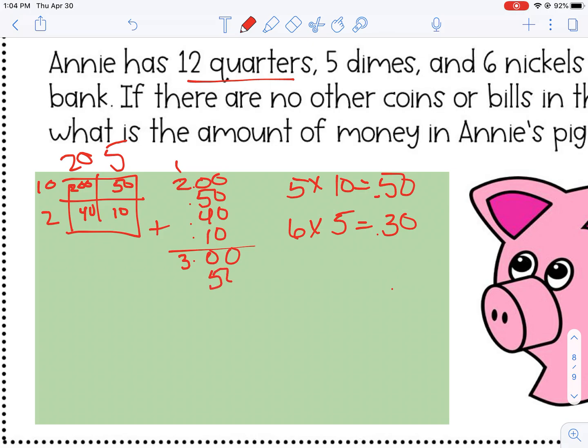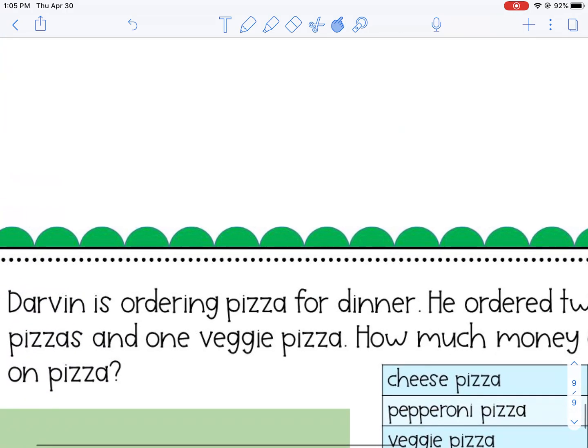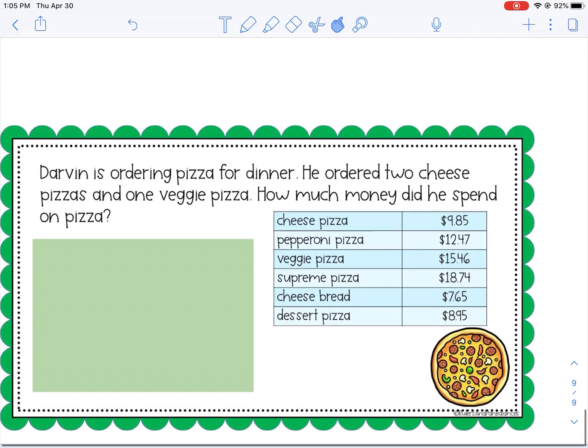We've got 50 and 30. We've got 0. And then 5, 6, 7, 8, 80 cents. And so she has $3.80. So Annie has $3.80 in her piggy bank. Not bad.